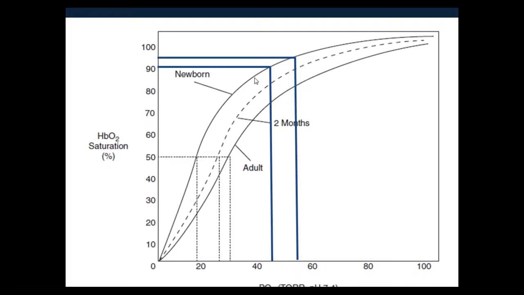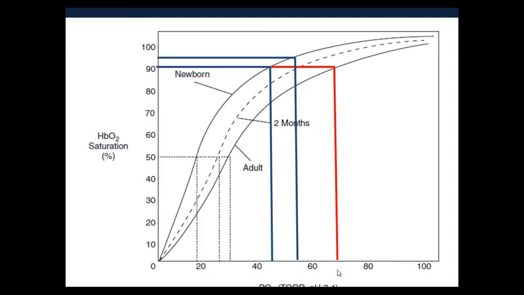Then if you transfuse a newborn with adult hemoglobin, then the oxygen dissociation curve will be shifted almost to be the same as the adult curve, a little bit shifted to the right. In this situation, you need higher partial pressure of oxygen to get the same oxygen saturation.